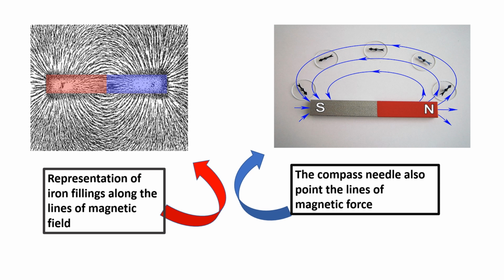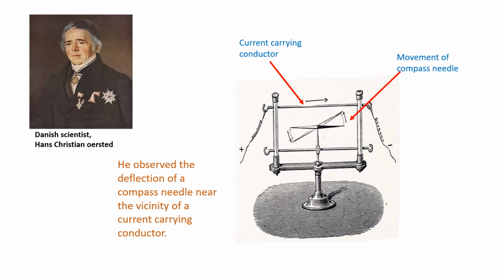We discussed up to here about permanent magnets and their behavior, but electromagnets also have a magnetic field around them. Let's pay more attention to it. There is a strong connection between electricity and magnetism.